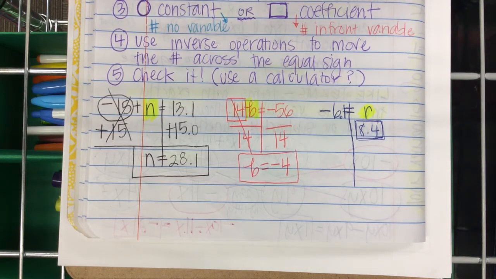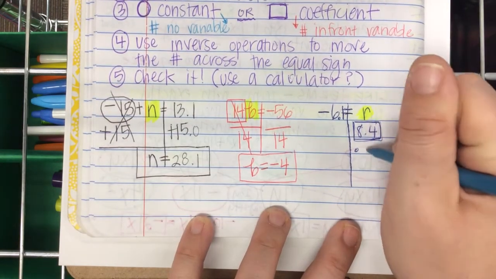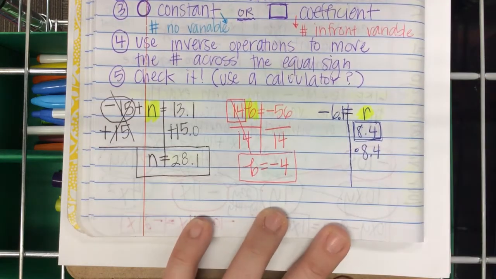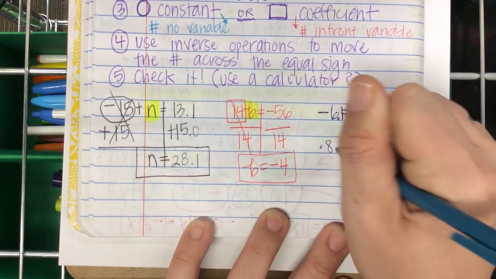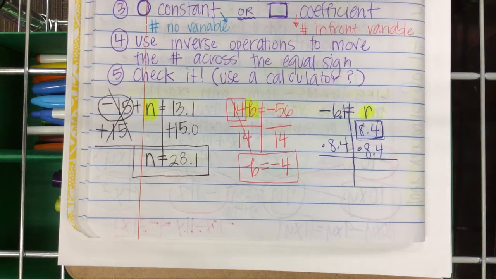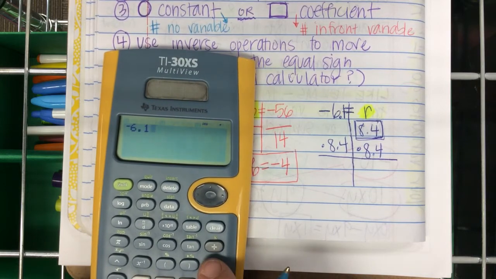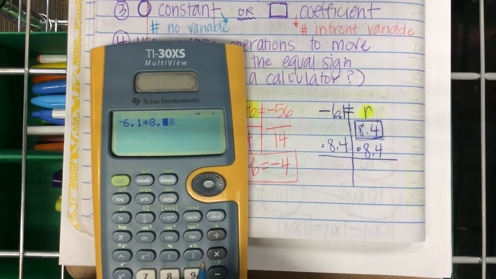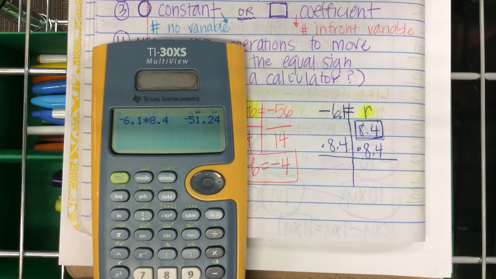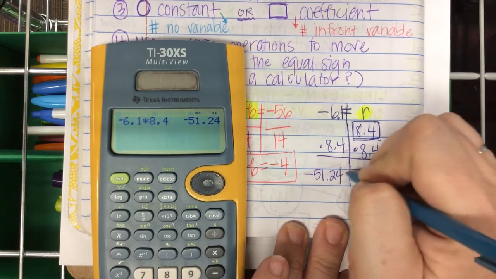So let's go. Inverse operations. What operation is over here? Division. So what's the opposite? I use my calculator, or you can do it long style. Negative 6.1 times 8.4 is negative 51.24.